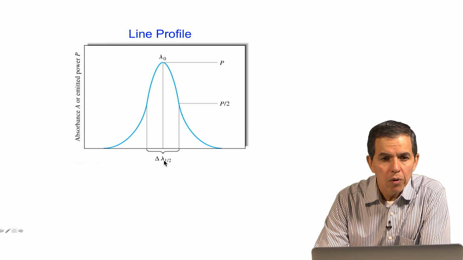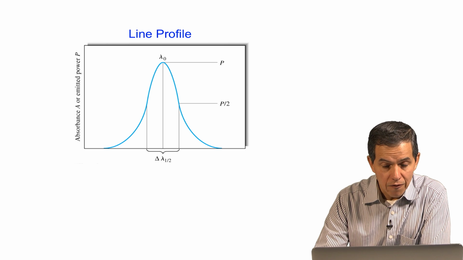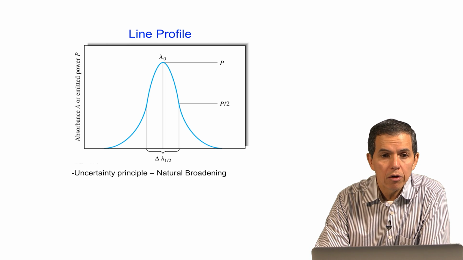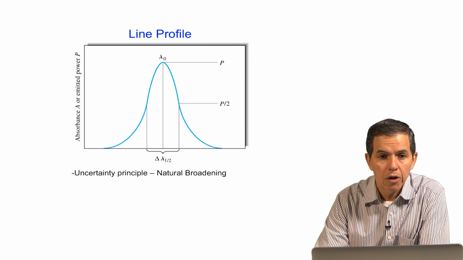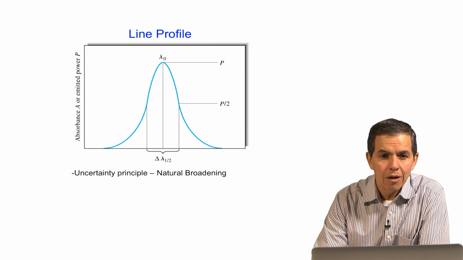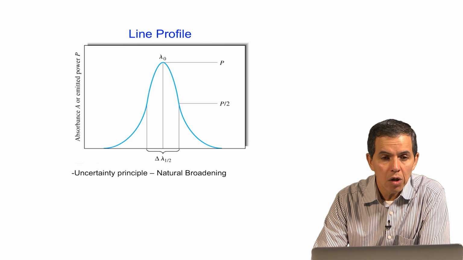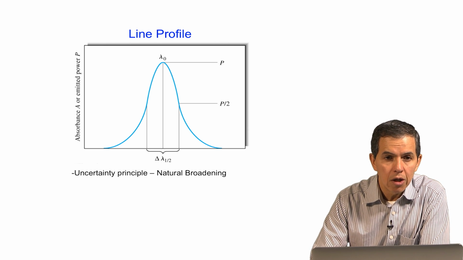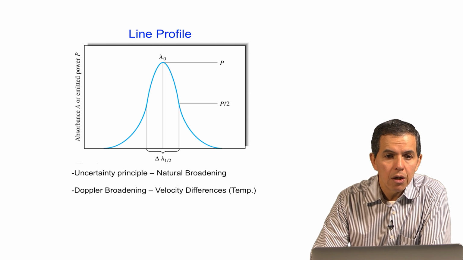Now, it is important to consider what causes the width of these profiles. The first cause is the uncertainty principle, just natural broadening. It's a fundamental limitation of nature. So even the thinnest lines possible will have some width. The second component that contributes to broadening of a line profile is Doppler broadening.